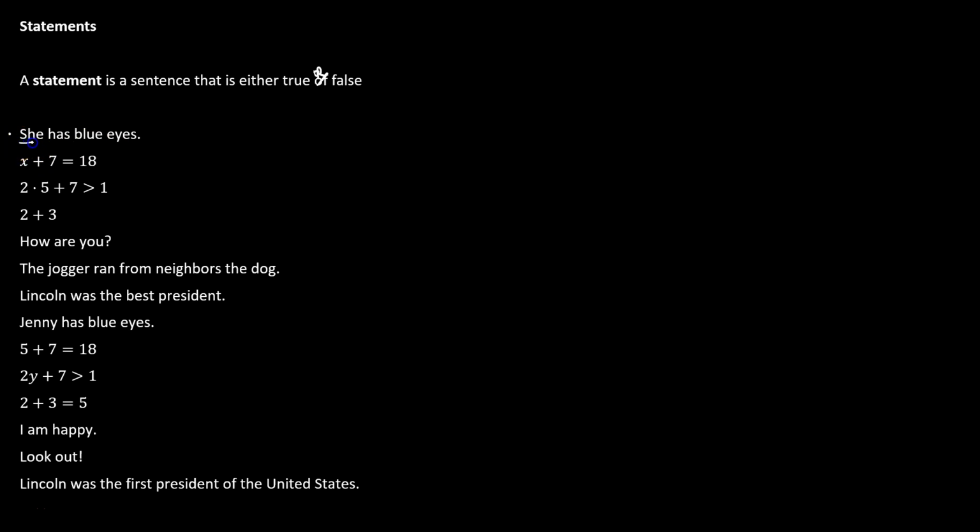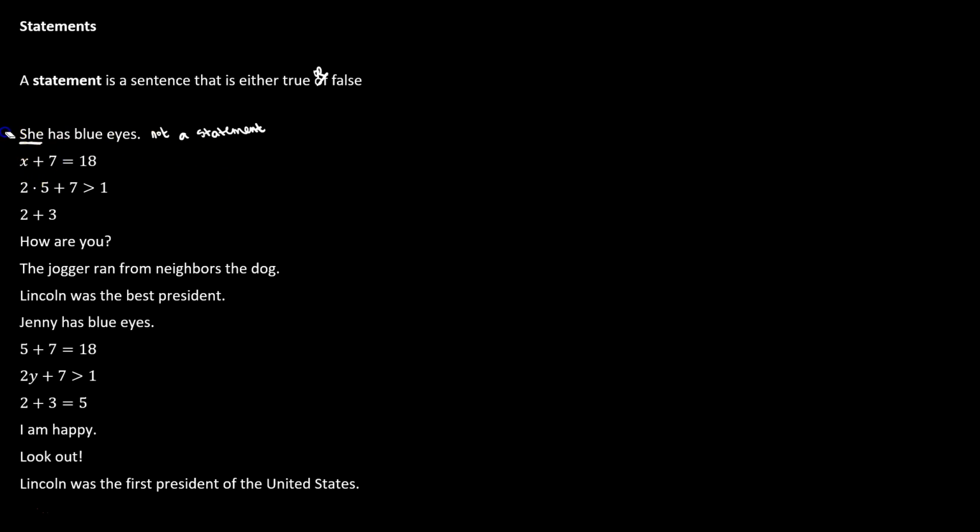We're not being specific about who she is, and because each one of us could imagine a different she, this statement changes from true to false depending on who the she is, which means we can't agree whether or not this statement, as it's written, is true or false. It's not a statement. Because it can be both true and false depending on who she is, this is not a statement. What about the next one?